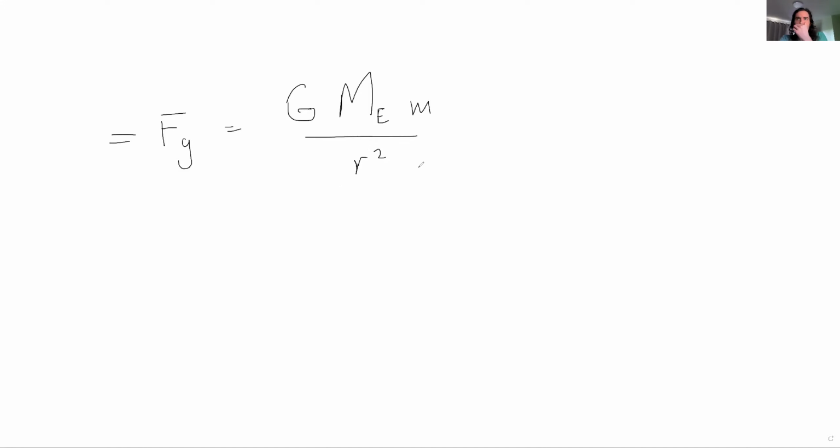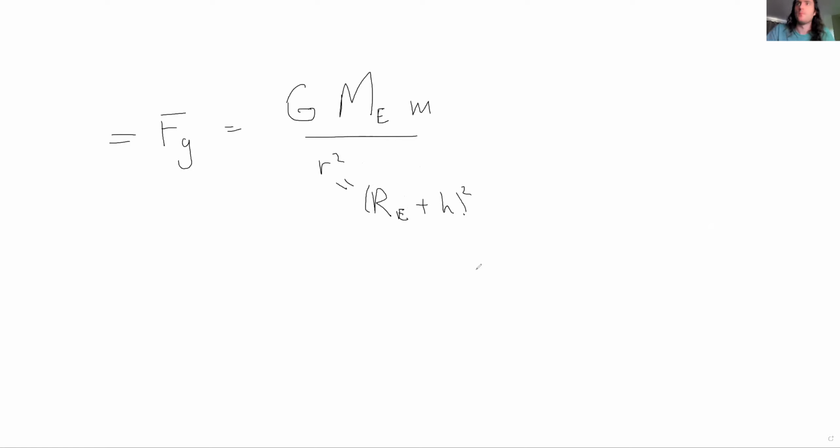If we're at the surface of the Earth, this is just the radius of Earth, right? Okay, but what if we're a distance h above? If we're a distance h above the surface of the Earth, we can write this r as big R, the radius of the Earth, plus some height h, which is small compared to the radius of the Earth.